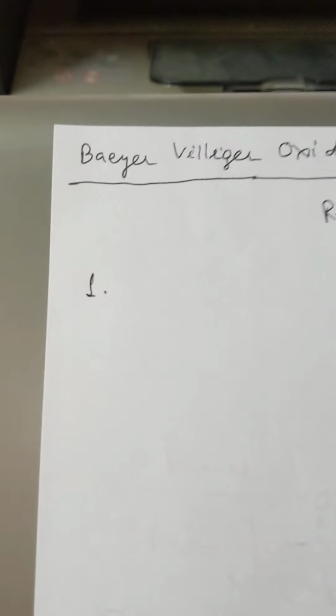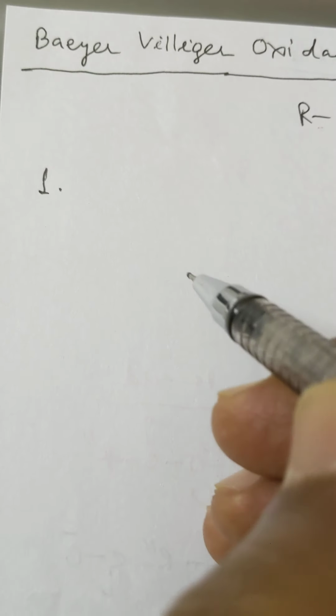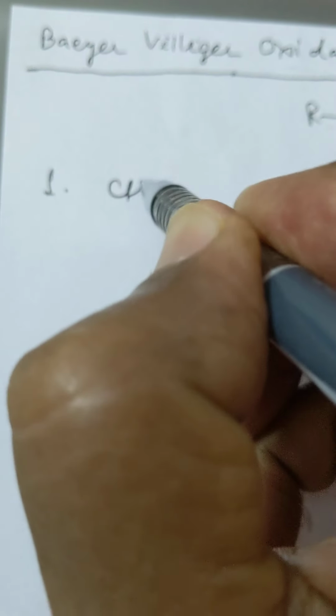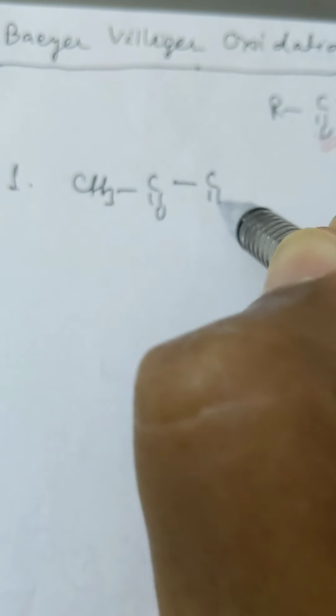Today, let us take, say, diketones. Diketones in this case are converted into anhydrides. For example, say you have this diketone. This you can say is an application of Baeyer Villiger oxidation.